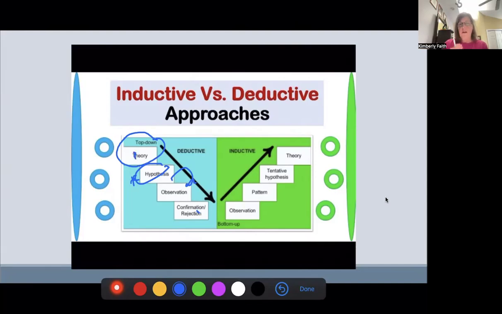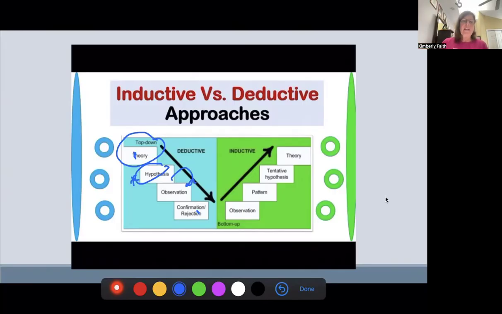And we'll talk about the word theory and how it is different than what people just say in casual conversation. The other approach is the opposite direction, where we make an observation, we see patterns, we test hypotheses, and from that we come up with a new theory.